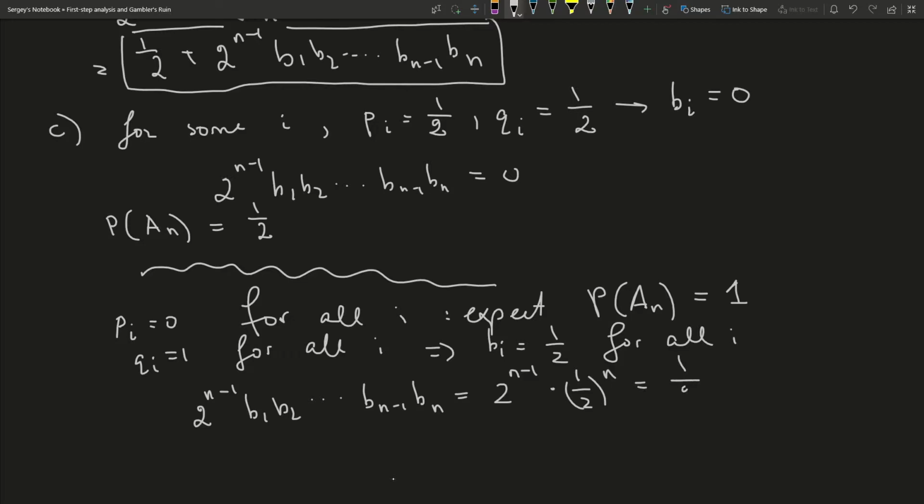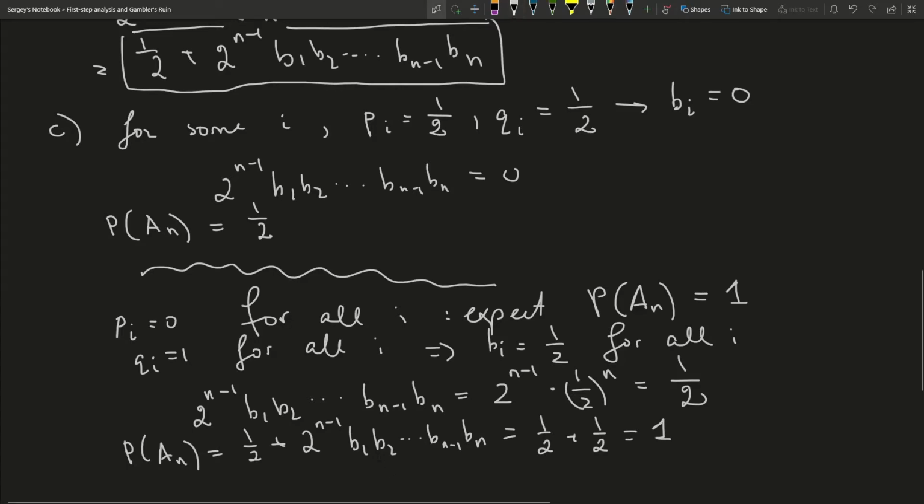And this is 1/2. And now remember that the probability of a sub n is 1/2 plus this whole expression. So this becomes 1/2 plus 1/2 equals 1, as expected.